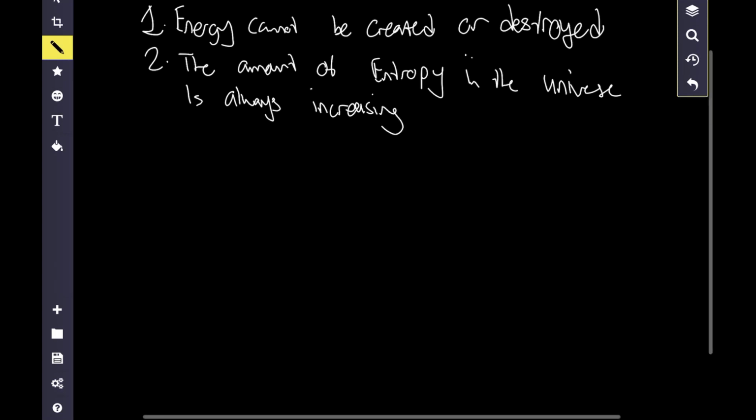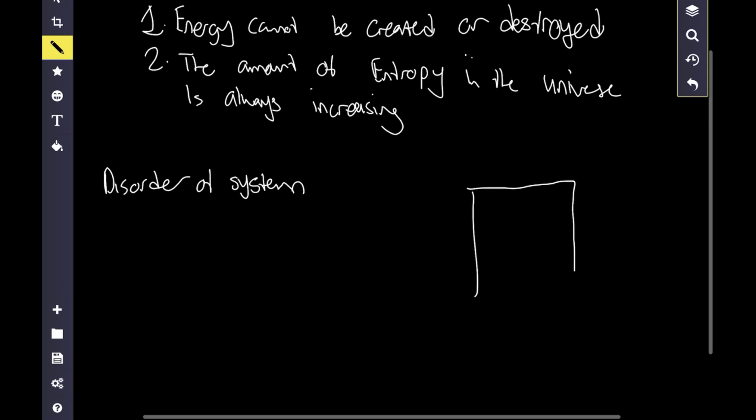The second law of thermodynamics states that the amount of entropy in the universe is always increasing. And entropy just means the disorder of your system. Now, to visualize the second law of thermodynamics, say we have a box full of gas particles.